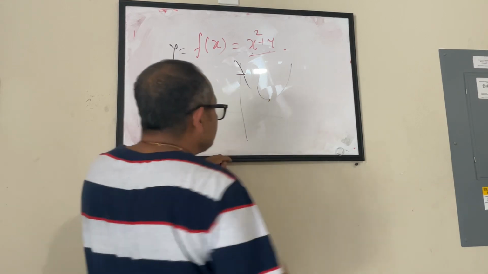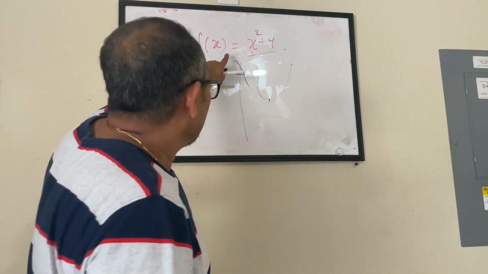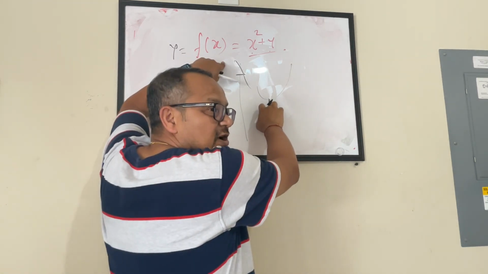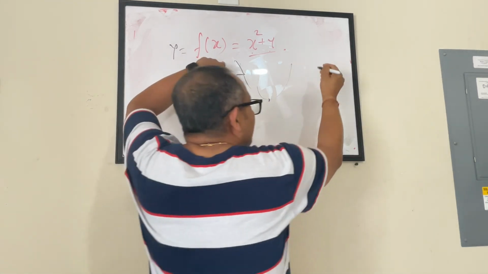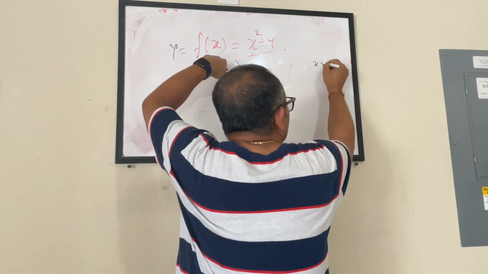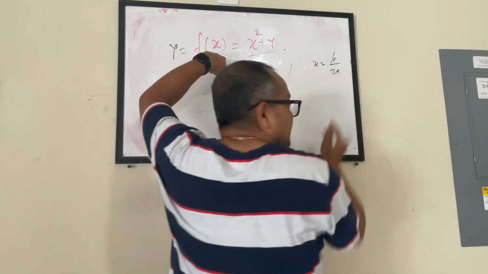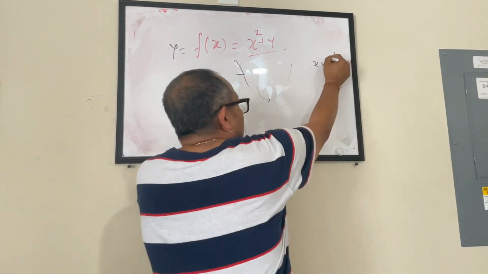Now, what is the x coordinate of this one? We were saying that the x coordinate of the lowest point is negative b by 2a. Okay?